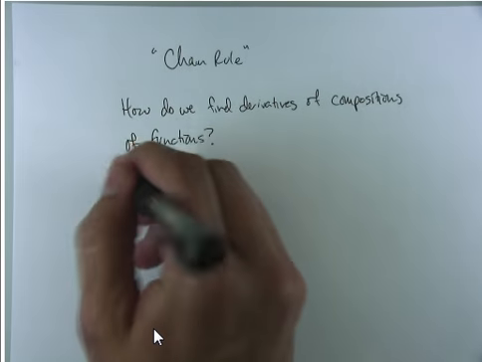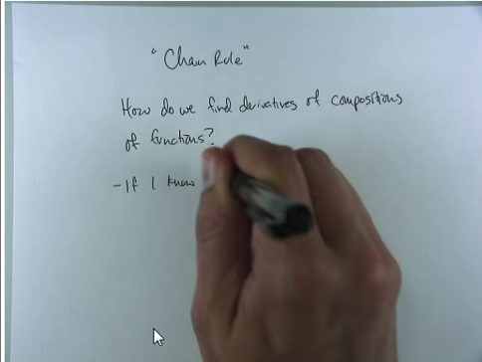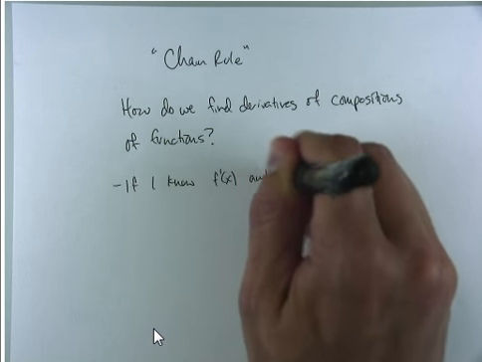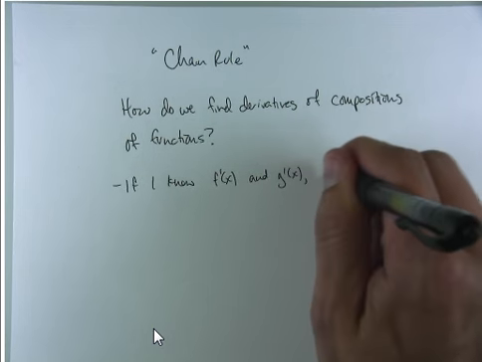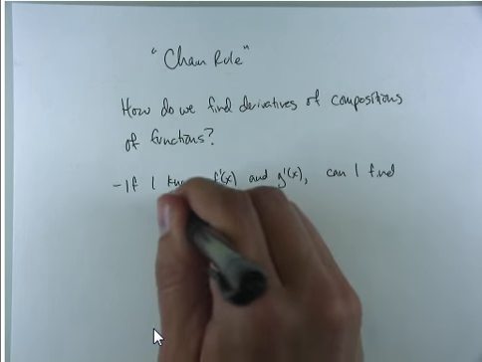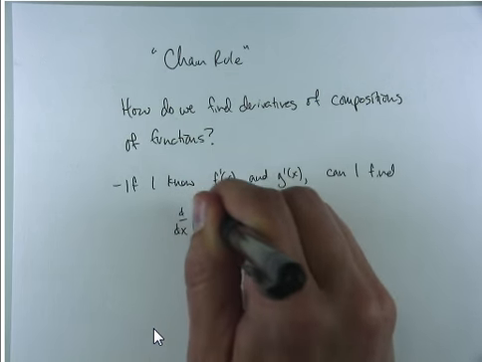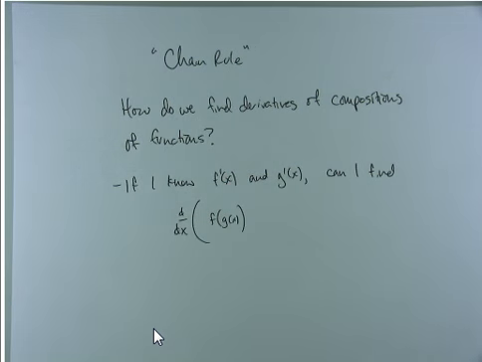That is, if I know f prime of x and g prime of x, can I find the derivative of f of g of x?